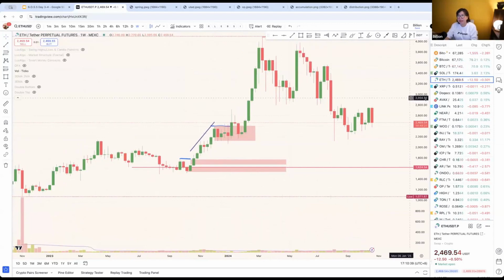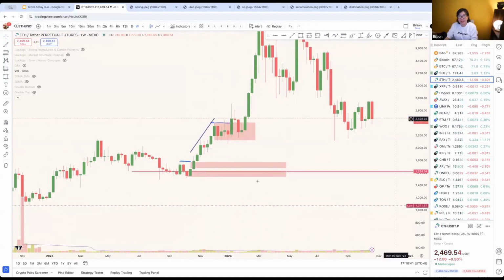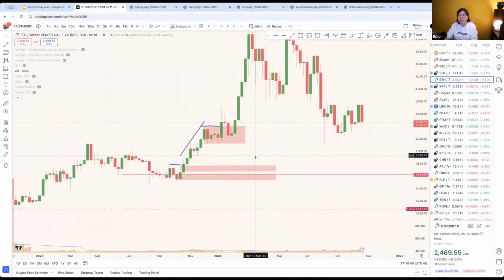There are 3 things already. Textbook says 2 things, right? Once there's an impulse move, there is an FVG, there is an order block. But for an order block to be really sound, it must have an inducement, a pullback. So this is an inducement, in the bigger time frame now.